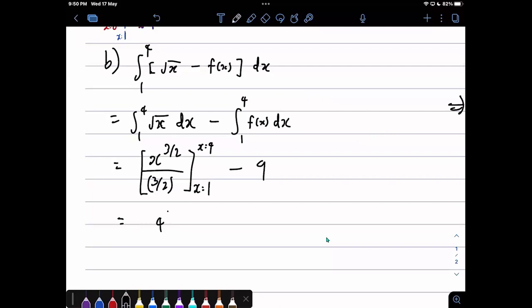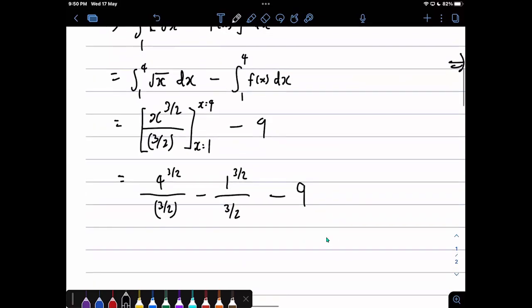So 4 power 3 over 2 over 3 over 2 minus 1 power 3 over 2 over 3 over 2 minus 9. This over 2 means you take a square root. So square root of 4 is 2. Then you raise to a power of 3, which is actually just 8 over 3 over 2. Minus 1 power anything is just 1 over 3 over 2.